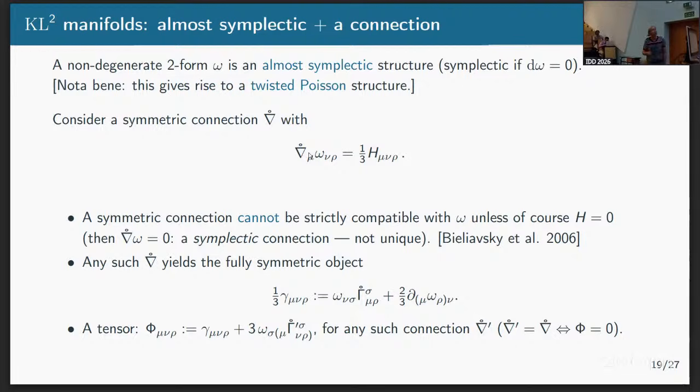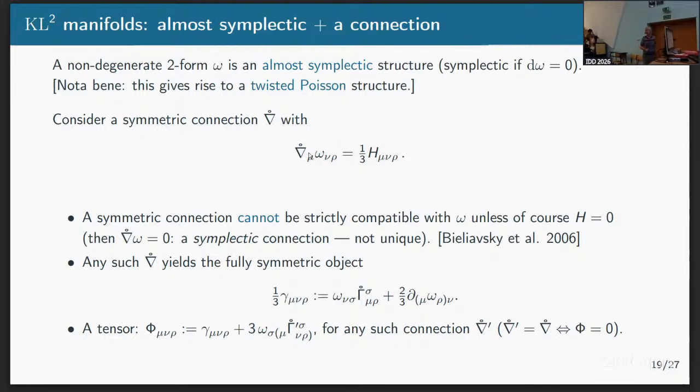So when you have a symplectic structure and a connection on the manifold, you cannot find, unlike in the Riemannian case, where you have a connection in the metric structure, you can find a unique torsionless connection for a given metric, a symmetric connection, torsionless connection.